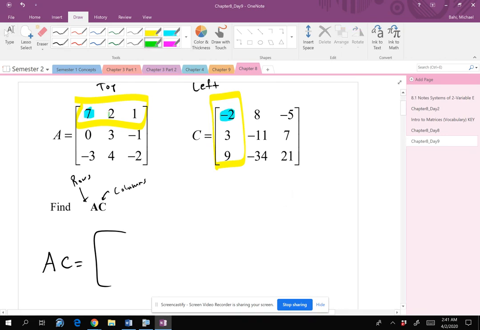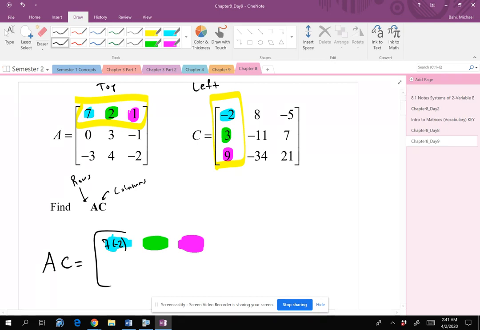It's very similar to the other one. You just have a different element to work with. So we have 7 times -2. I felt like the dog from Up for a second.